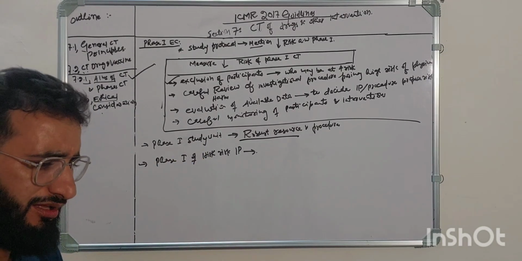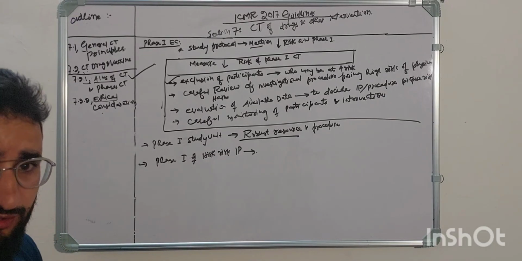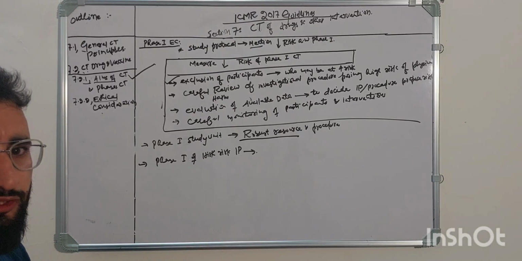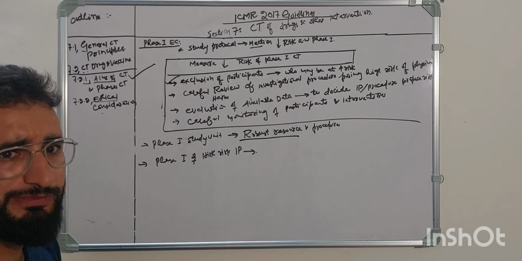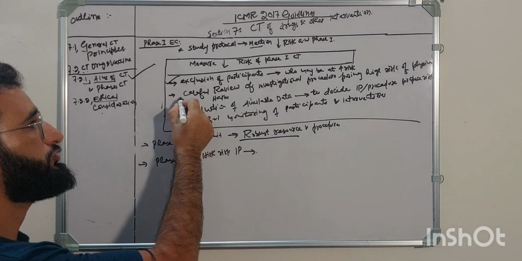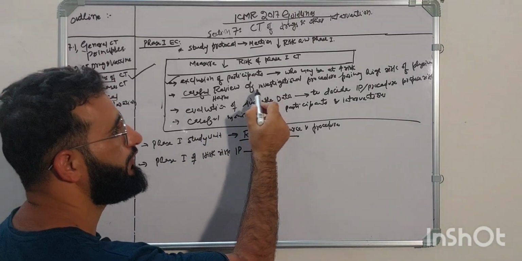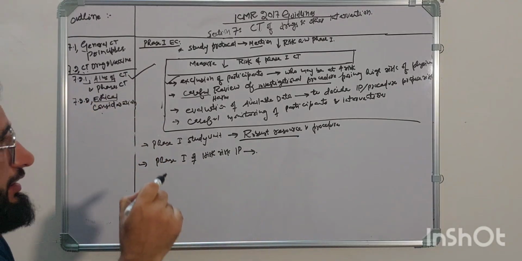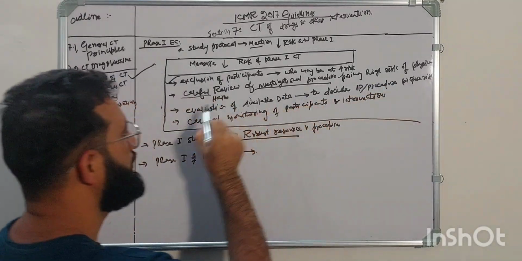For example, liver failure patients, any other kind of patients who have an increased tendency to develop a risk. So we have to exclude those patients, like childbirth, pregnancy, all these things. Then they have also written that there should be a careful review of investigational procedures posing high risk of physical harm.